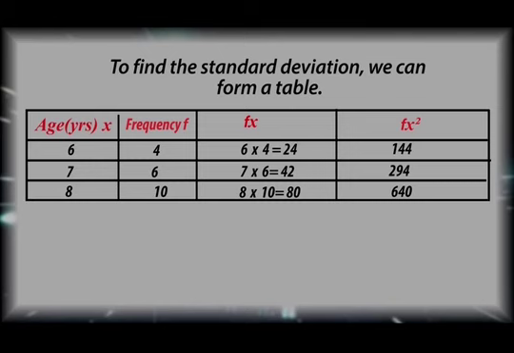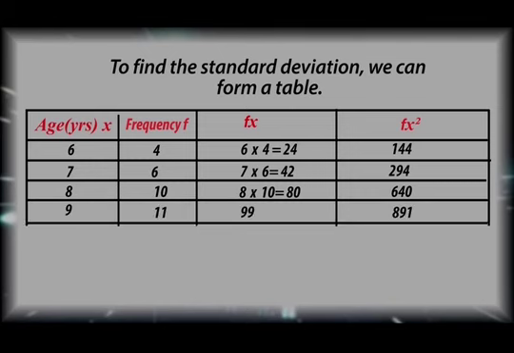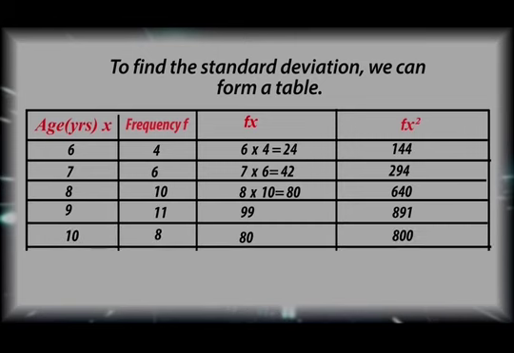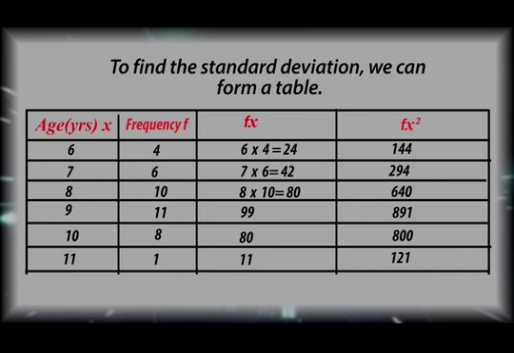And as you go along, you can see 9, 11, 99, 891. And we have 10, 8, 80, and 800. Then we have 11, 1, 11, and 121. Now we have to find the sum of all the frequencies, which is sigma f.